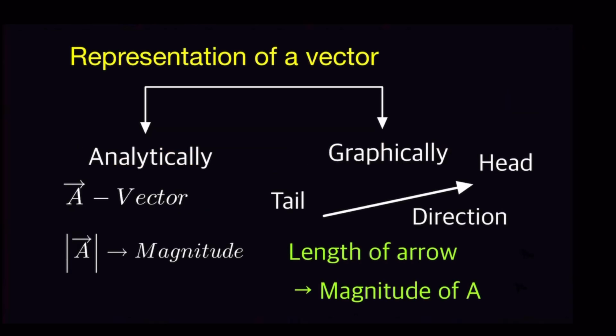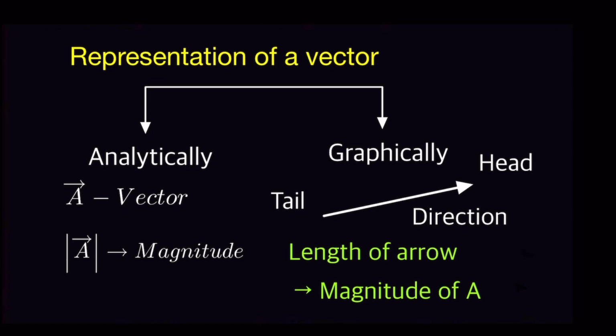Now, representation of a vector. We can represent vectors by two methods. One is analytically. What is the meaning of analytical? You can represent a vector A by keeping an arrow at the top. So this is the complete representation of a vector, and the modulus of vector A is the magnitude of this vector.